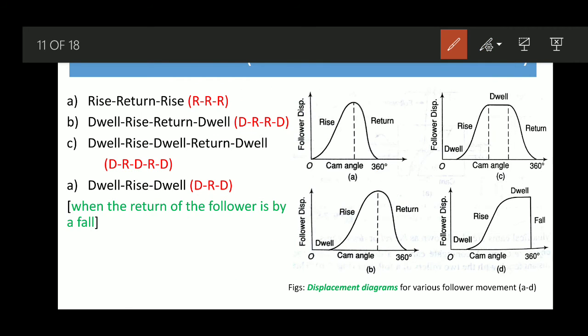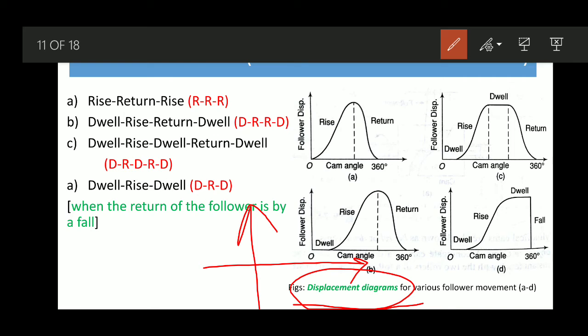So there is a diagram which we draw to show the behavior of follower displacement with respect to the angular movement of this particular cam. This kind of diagram is known as the displacement diagram. In the displacement diagram, on the x-axis we show the cam angular deviation or rotation, and on the y-axis we show the follower displacement.